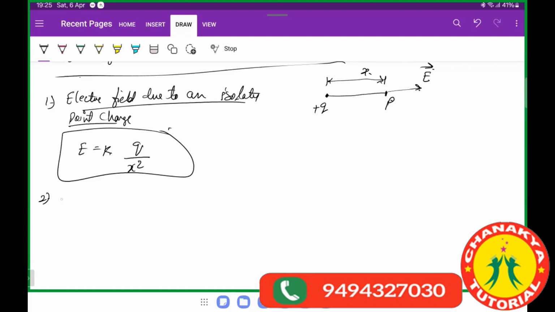Now for a circular ring with uniform distribution.